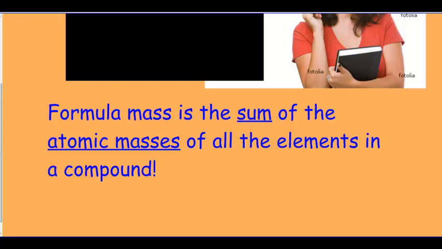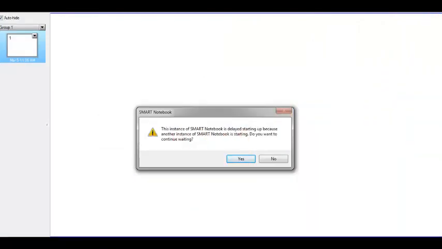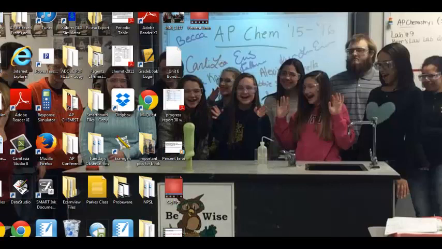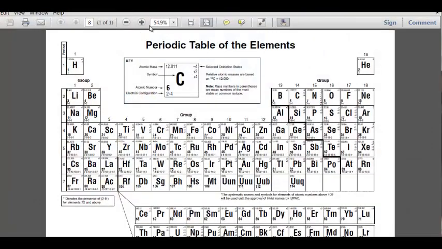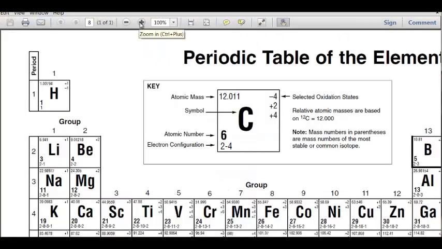So you're going to need a set of reference tables. And again, if you don't have yours with you, then just go ahead and Google a periodic table. Okay? But let me just point out a couple things on your periodic table that you need to be aware of. It's been a while since we talked about where atomic mass is, but notice there is a key.